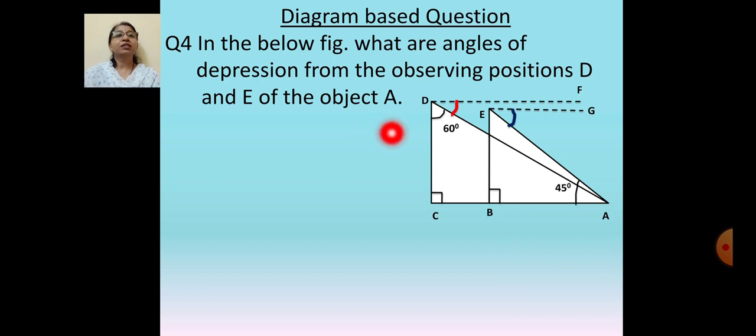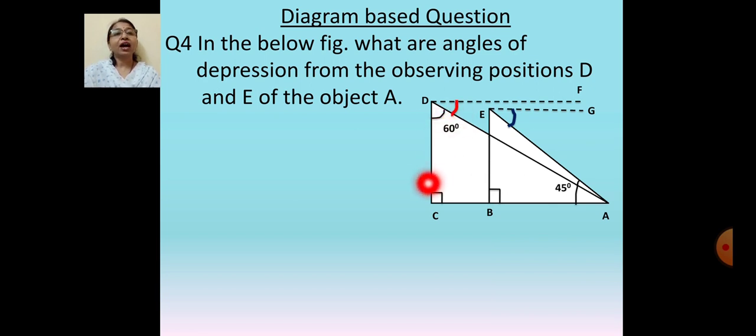Now tell me, what is this line DF called? Suppose D is the observer, then DF is the horizontal line of vision, and you know horizontal vision is always perpendicular to the eye of the observer. That means angle FDC, this angle is how much? 90 degrees.